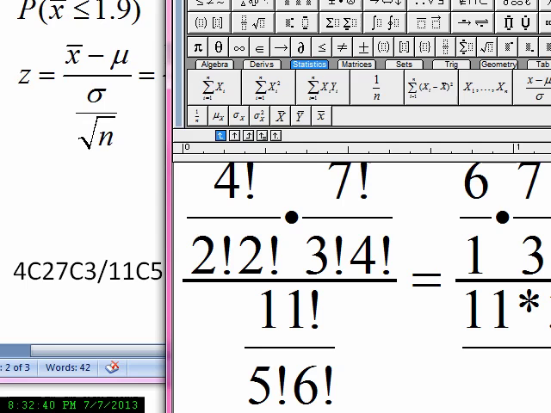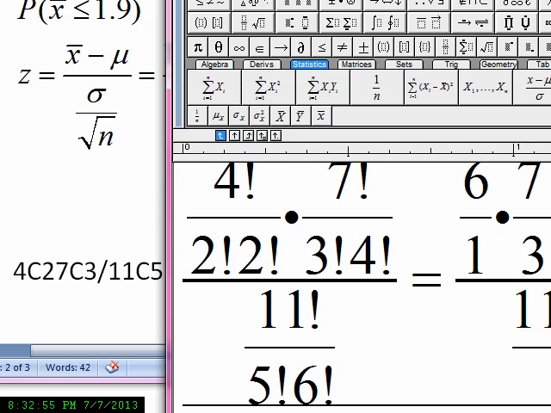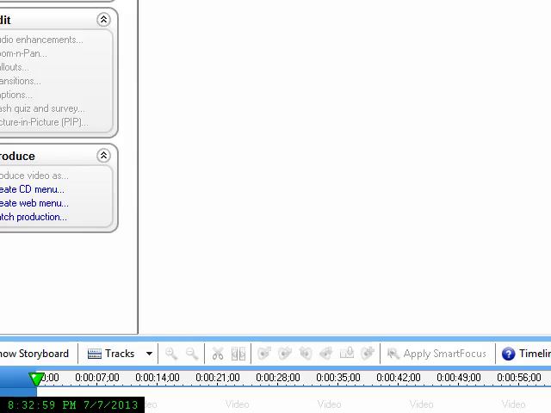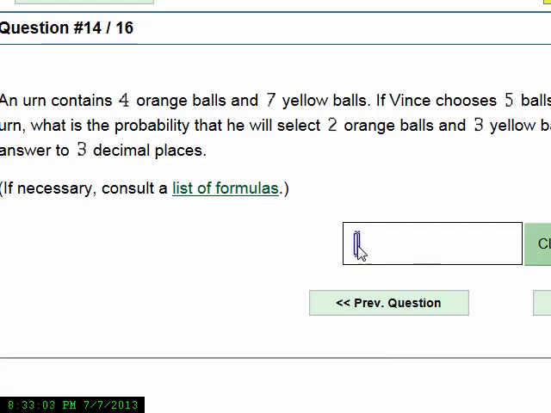And I had 35 there, but now that 7 that was down here canceled with that 7. So that's why I only have a 5 on top, divided by 66. And then this 2 and 6 can cancel with this 6. So you just have 5 over 11. I hope I didn't do that too fast for you.